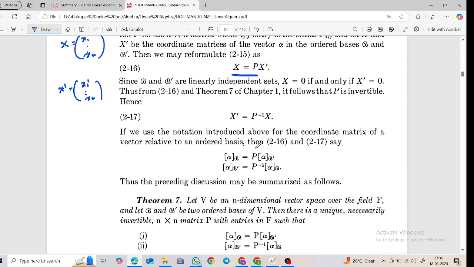Okay. Now what is x? X is nothing but the representation of alpha with respect to beta, and x prime is nothing but the representation of alpha with respect to beta prime. Okay.